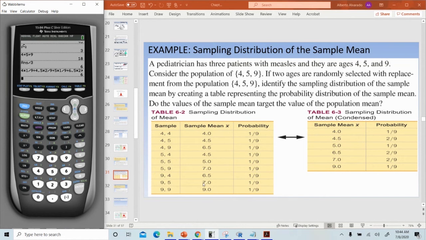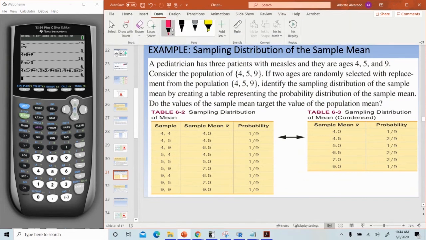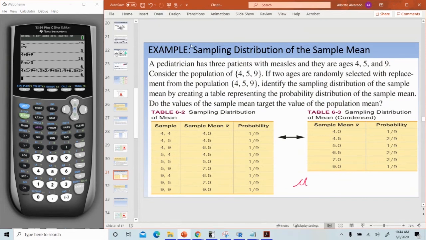But look at that. If we took the mean of the sampling distribution, this is the result. The sampling distribution of size 2 gave us the true mean, right?